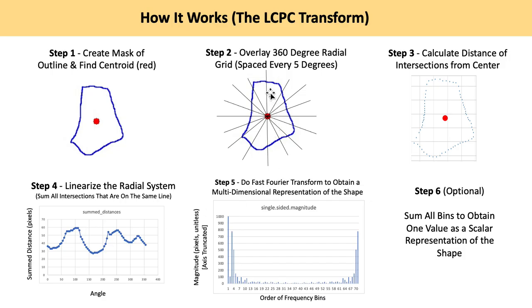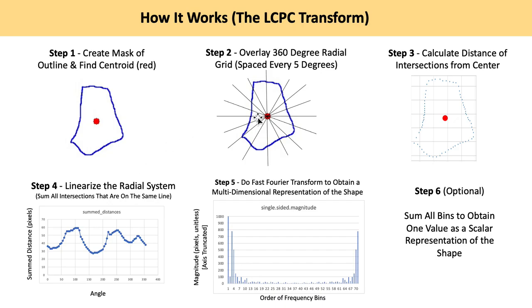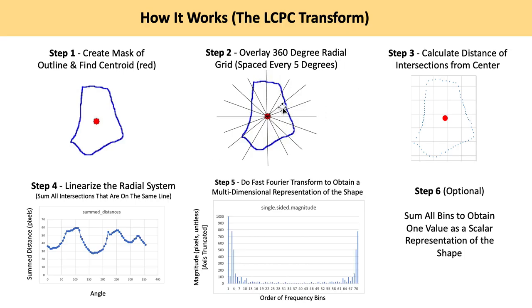And I just want to quickly highlight that in the case of the optic cup and disc together, each line will intersect the object twice, because there are 2 outlines here. And anytime a radial line intersects an object more than once, it sums all the distances into one number.